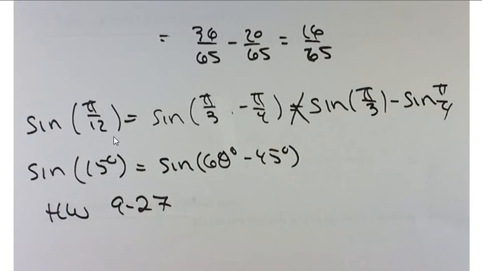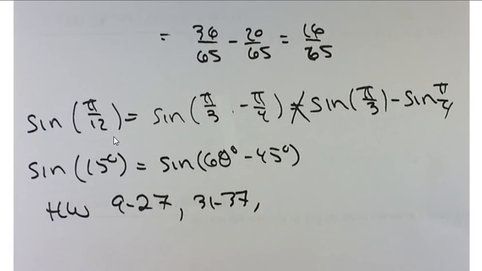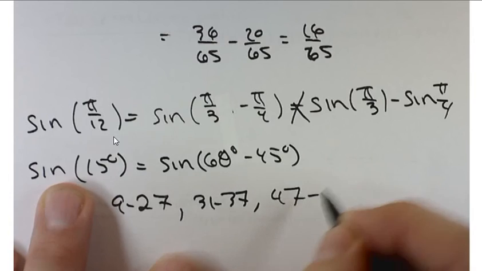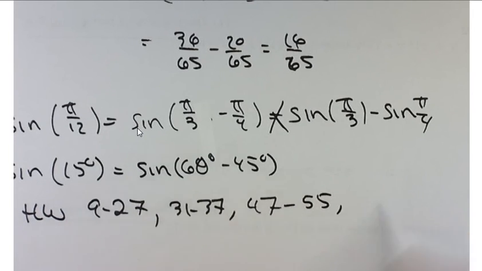I don't want to assign too many of these. And 71 through 79. On the next page, you can skip 81 through 111. There you go.